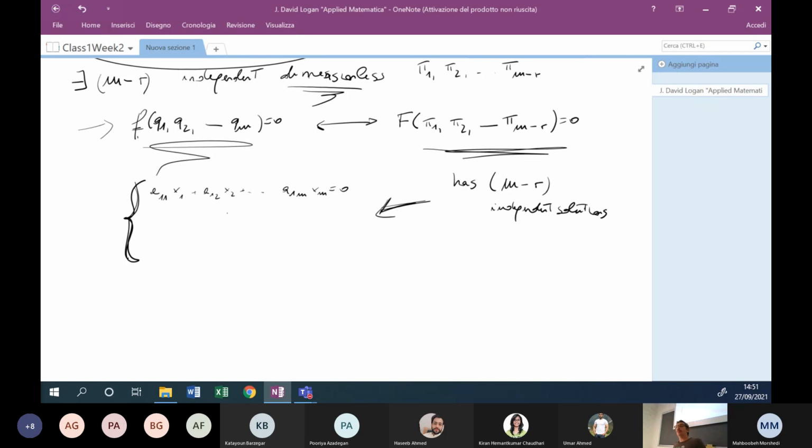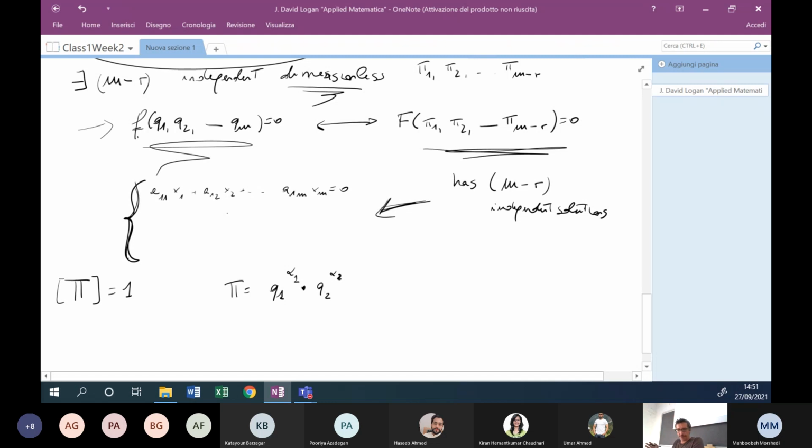Now, let me suppose that the generic variable pi, which remember is a dimensionless variable, can be written as the following combination of the variables qi's. So it's q1 to some power alpha 1 times q2 to some power alpha 2.